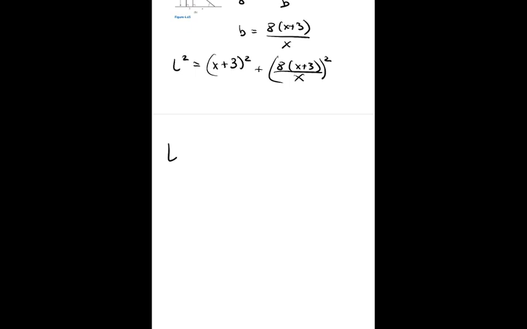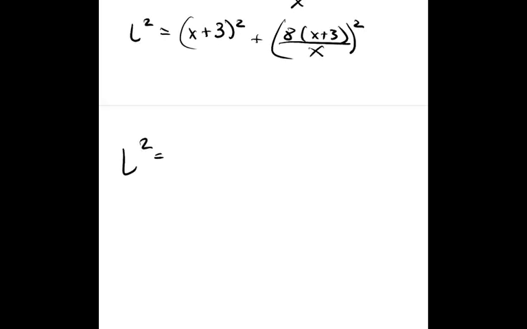So then L squared, let's see. So we have this x plus 3 squared. If we distribute 8 over x, that's going to be an 8 plus 24 over x squared. We still had to expand it though. Is there supposed to be a minus in there?